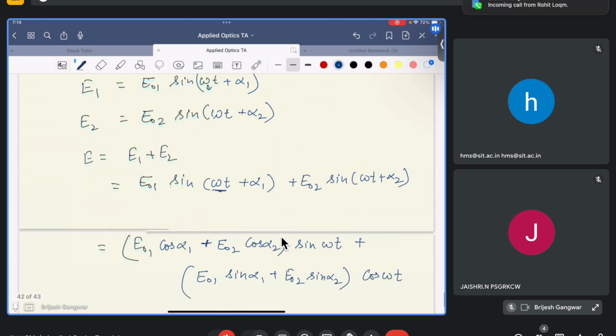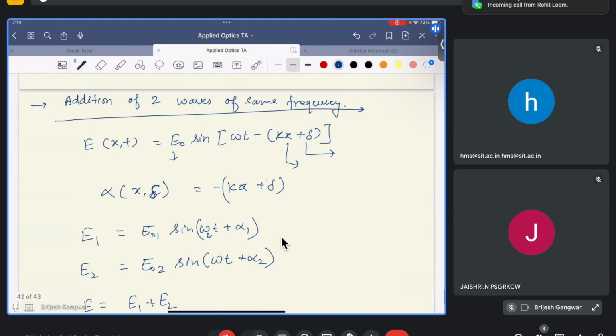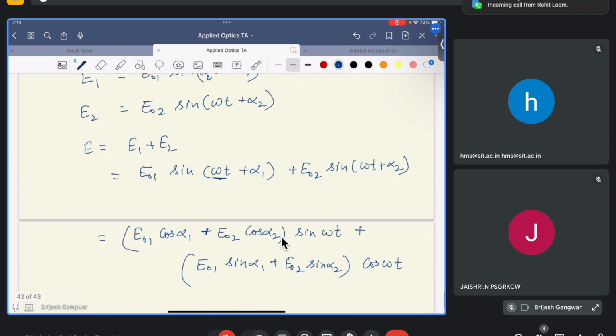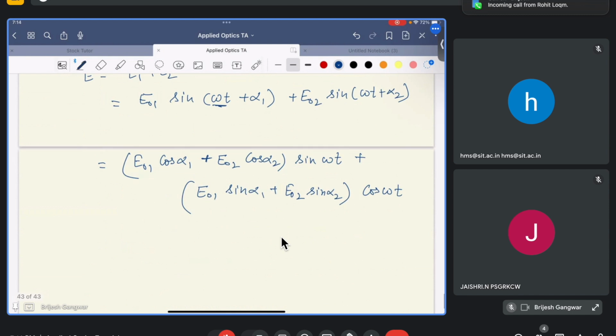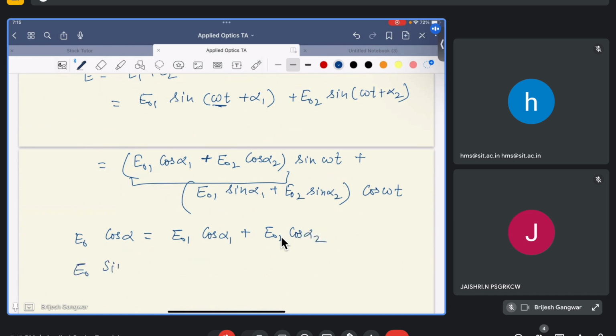If I compare this equation with this one, what will be your inference? I am considering E0 cos α equal to E01 cos α1 plus E02 cos α2, because both are cosine terms. Similarly, E0 sin α equals E01 sin α1 plus E02 sin α2.